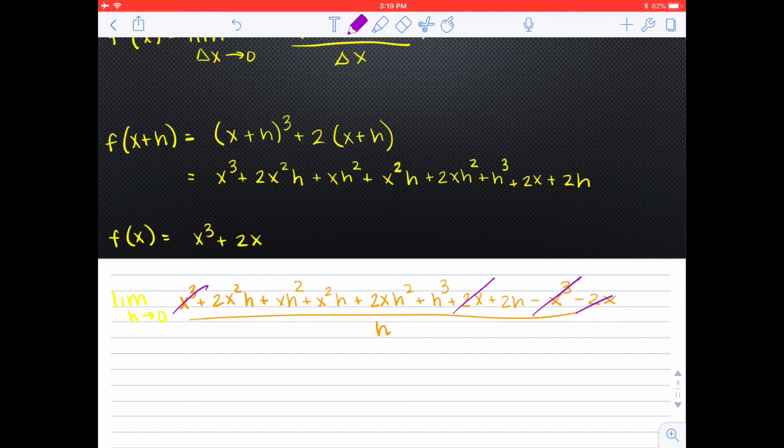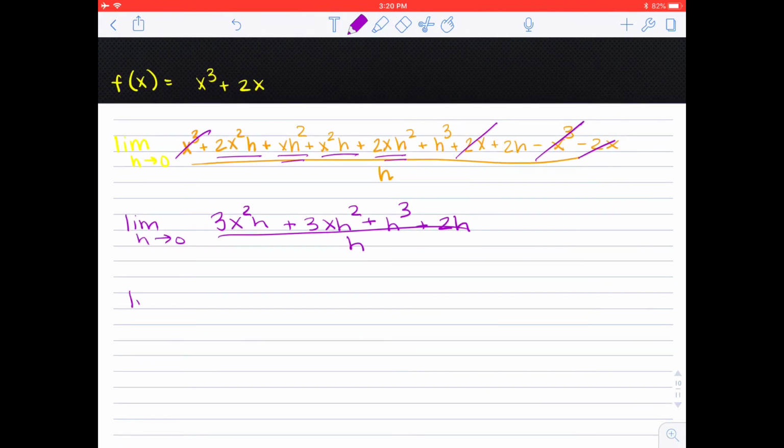I have like terms here and here. I have another like term here and here. Let's see, do I have any others? I think that's it. So this gives me the limit as h approaches 0 of 3x squared h plus 3x h squared plus h cubed plus my 2h all over h.